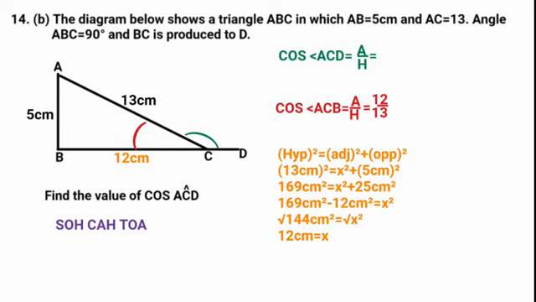We write the additive inverse of the given cosine. Here we have 12 over 13, so we can now come up with negative 12 over 13. So that is the cosine of angle ACD.